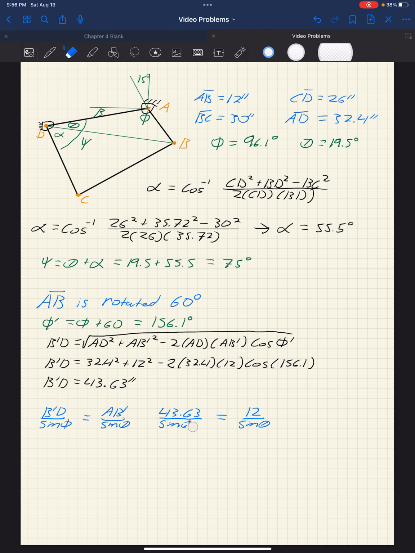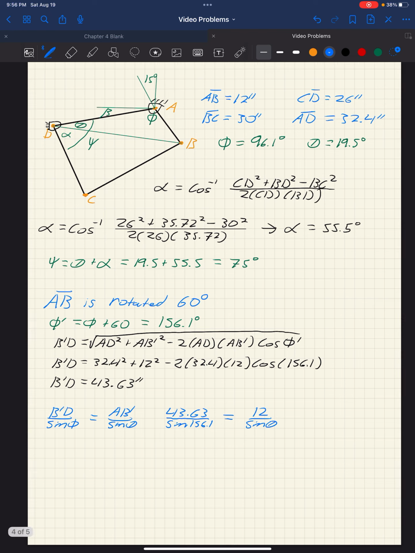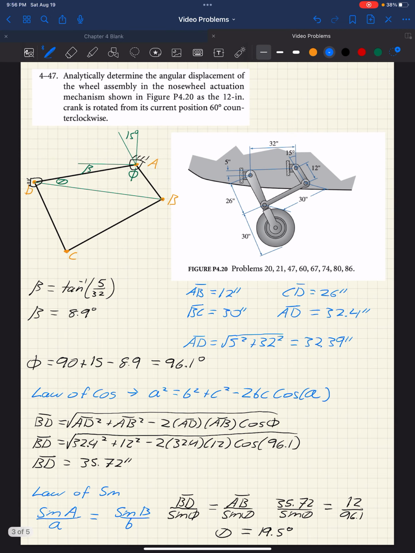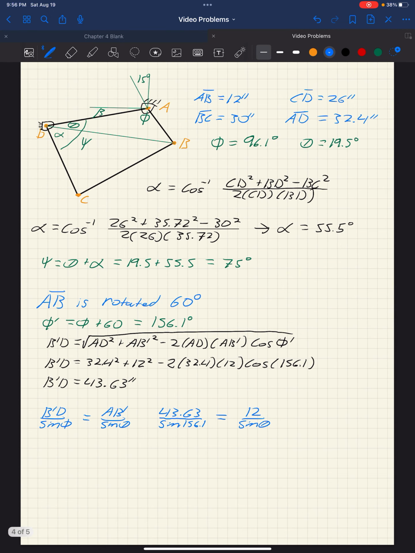We know our phi value, so let's write this in here. Phi is 156.1. And that gives us theta equal to 6.39 degrees.